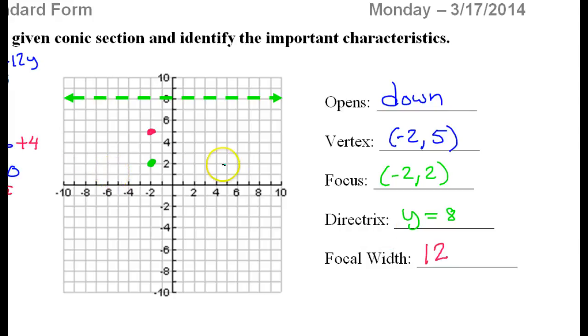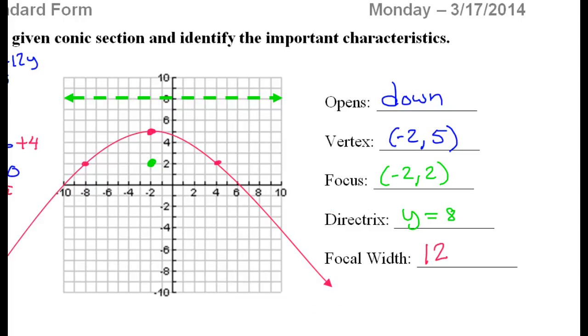Okay, that means the width of the parabola at the level of the focus is 12, which means 6 to the left, which would be here, and 6 to the right. Alright, total of 12, not 12 left, 12 right, total of 12 from side to side. Okay, and that allows us to draw our parabola. Kabam! There you go.